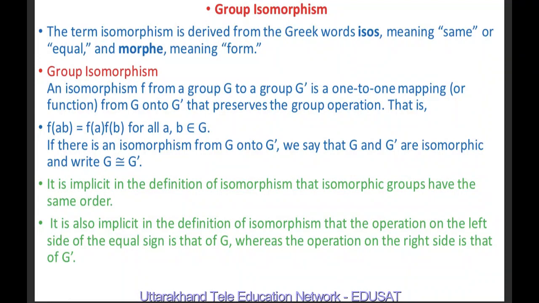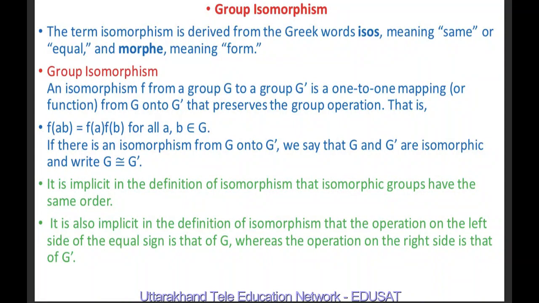This notion was introduced by Galois nearly 180 years ago. The term isomorphism is derived from the Greek word isos. Isos means same or equal, and morphe means the form.